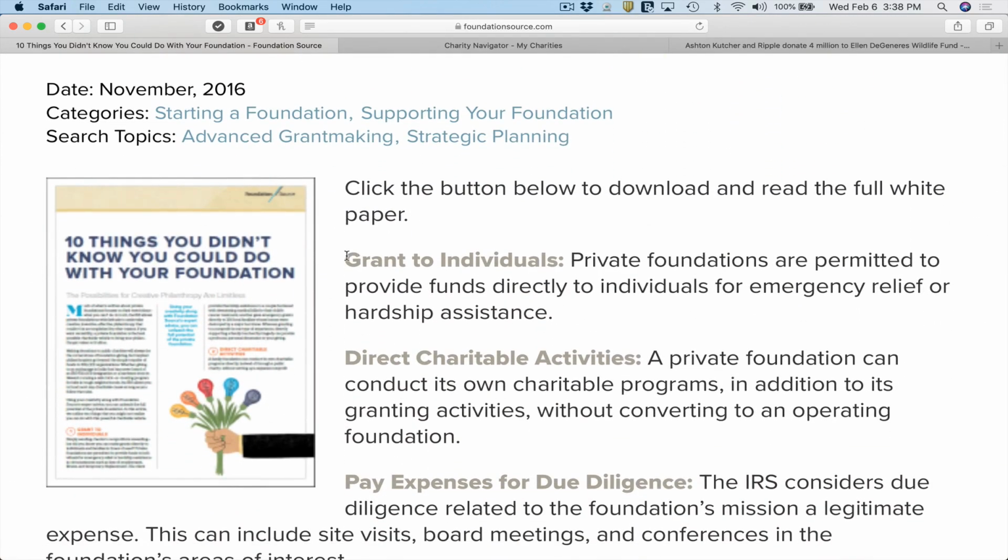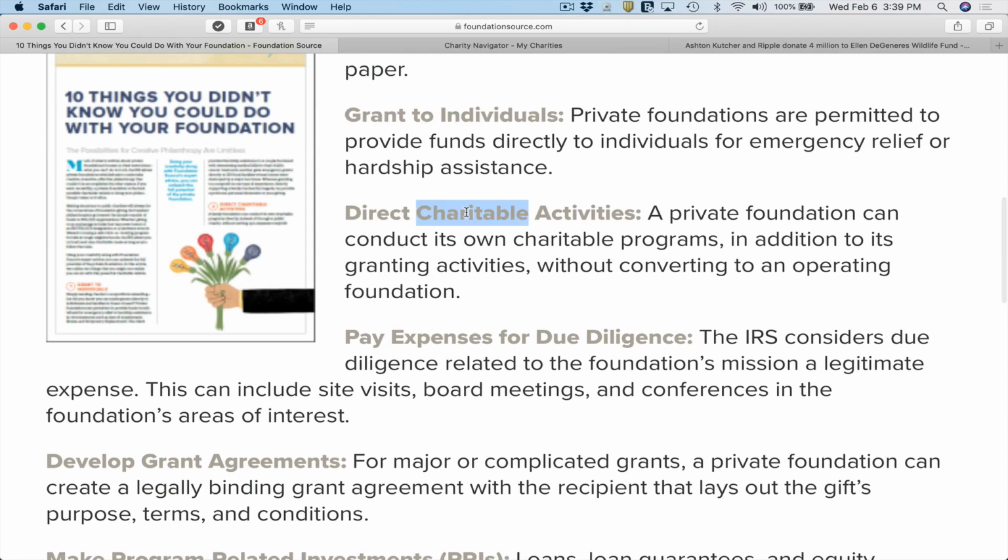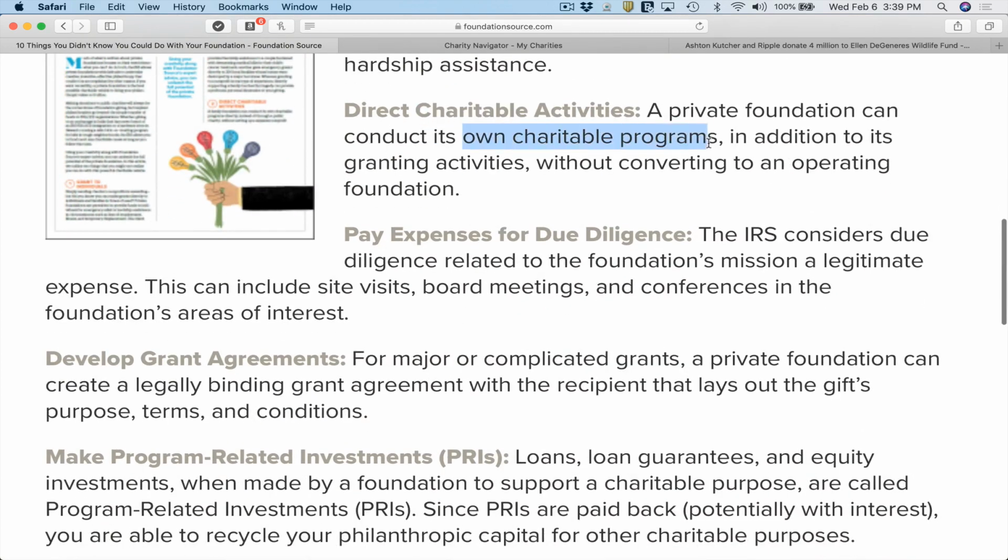Things like grant money to individuals. Private foundations are permitted to provide funds directly to individuals for emergency relief or hardship assistance. You can give direct charitable activities. You can have your own charitable programs, or you can give to other charitable programs. You can pay expenses for due diligence on any investments.